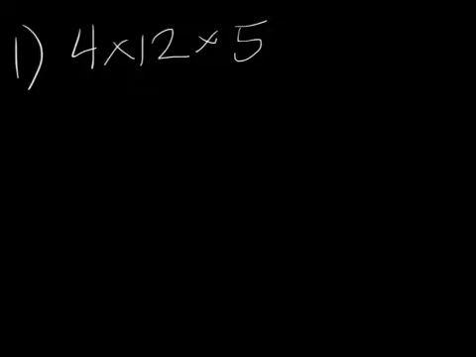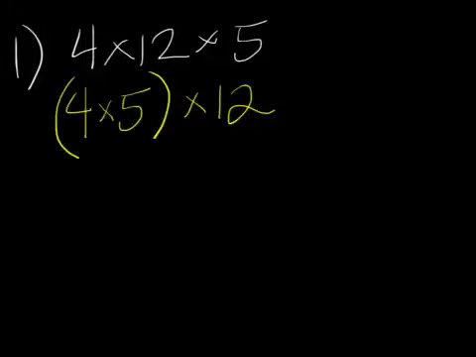If you actually stop and think about this problem, you'll realize that just working from left to right and grouping the 4 times 12 together first is a bad idea, because then you come up with 48 times 5. Ugh, 48 is an unfriendly number. Let's see if we can make a friendly number by rearranging some things. Let's do this instead. 4 times 5 first, and then multiply it by 12.